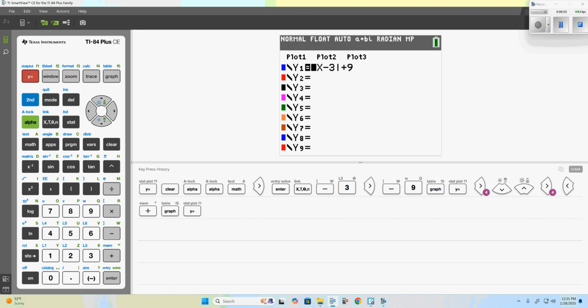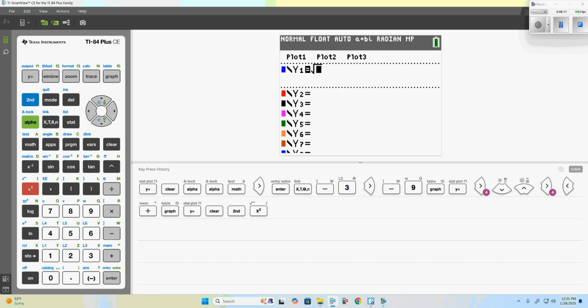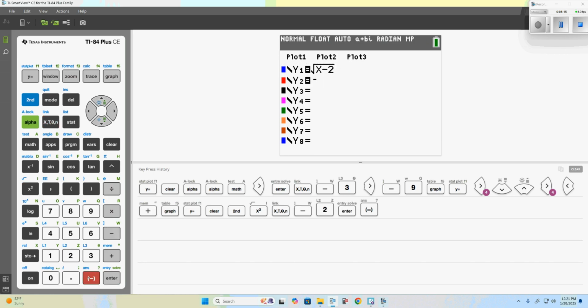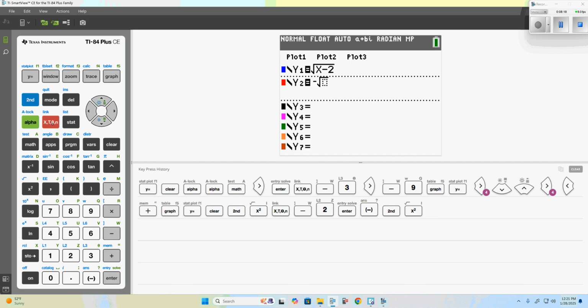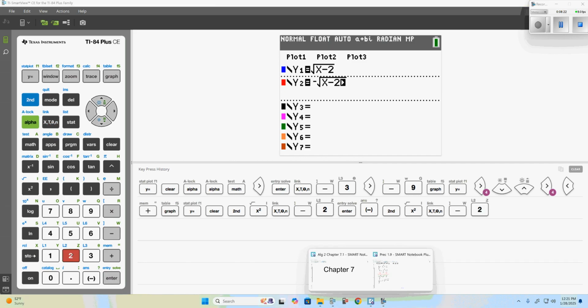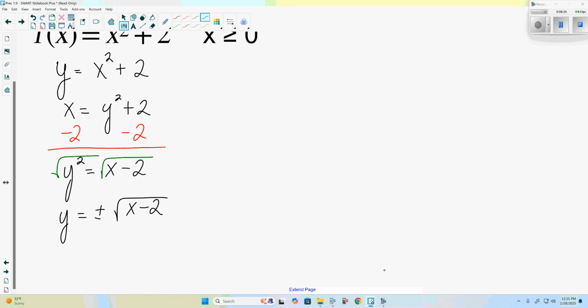Because if we draw a vertical line and it crosses the graph in more than one place, it's not a function. It is an equation, it's just not a function. Because here we have x minus 2, and we had the plus or minus with our square root of x minus 2. Because we're saying that the equation is positive or negative the square root of x minus 2, yes?